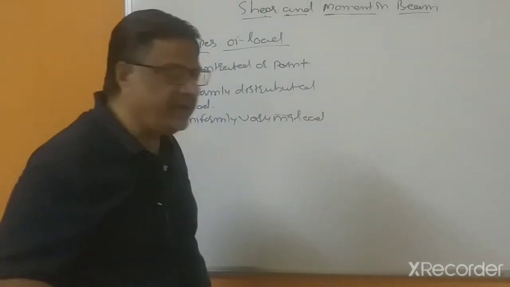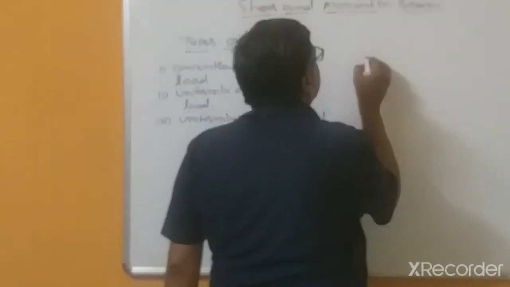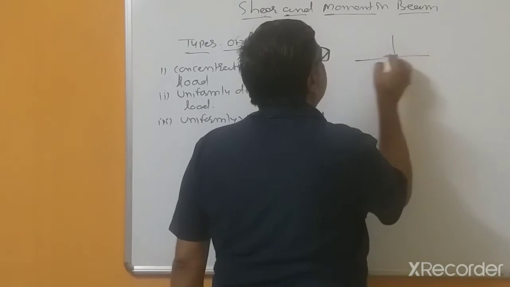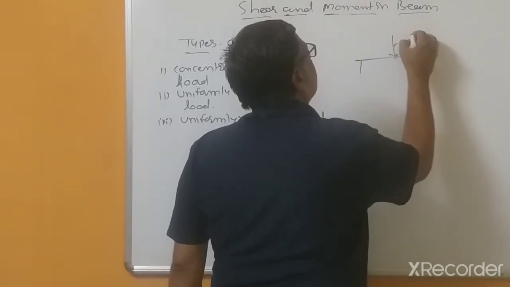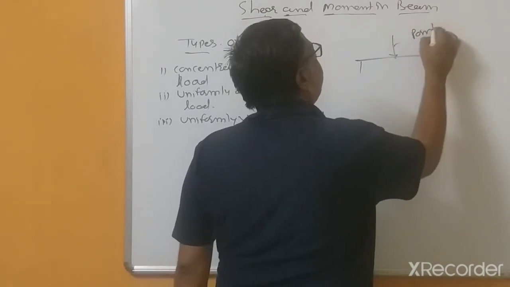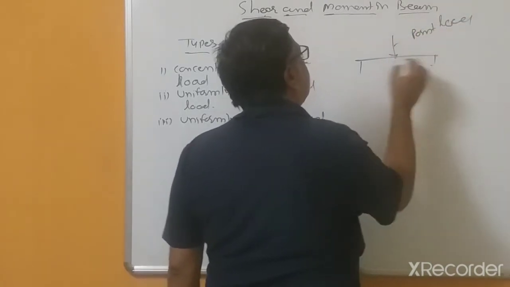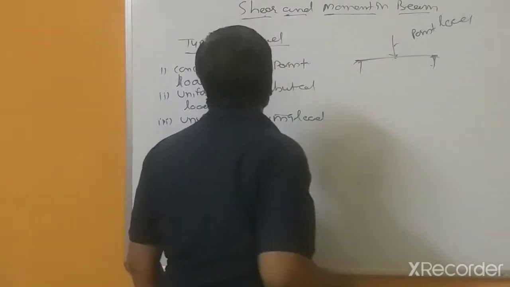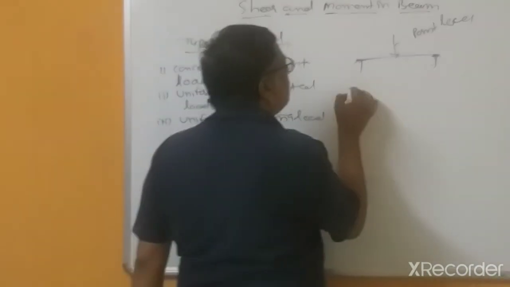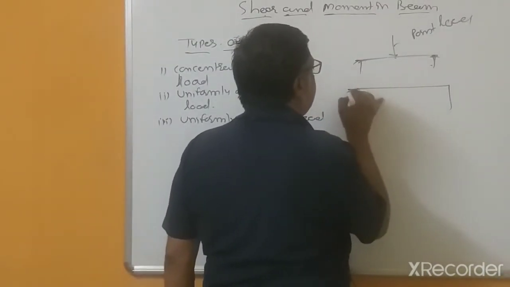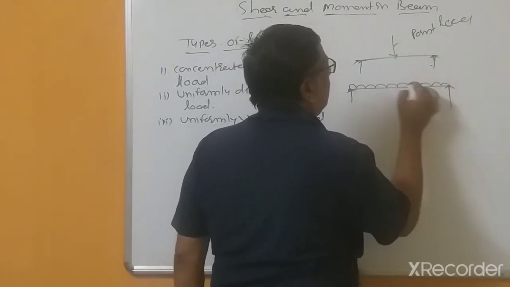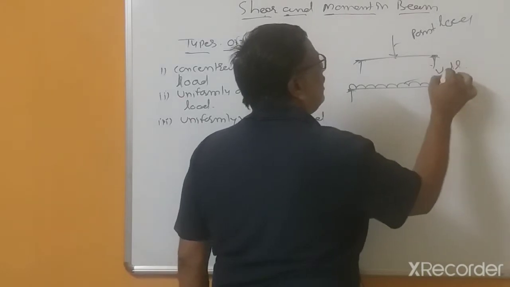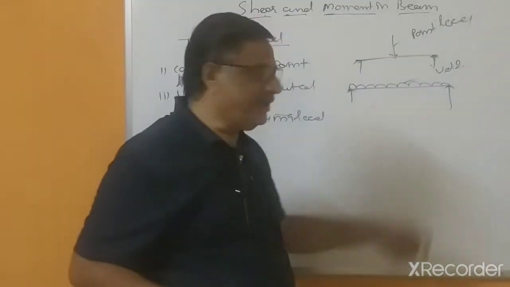So concentrated loads, yes, this type of load is called a point load or concentrated load. And uniformly distributed loads means, suppose this is simply supported, such type of loads are called UDL, short form UDL.